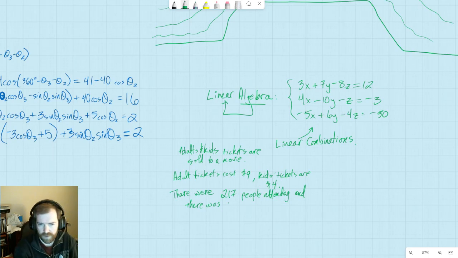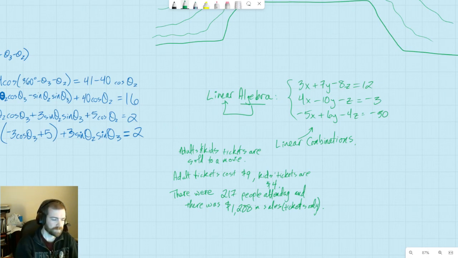There was $1,288 in ticket sales. So based on that information, can we then figure out how many adults and how many kids were in attendance?